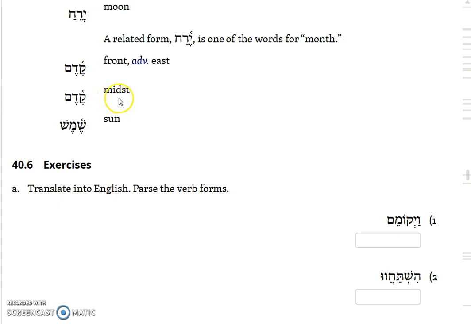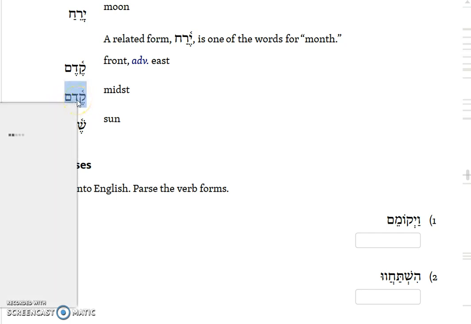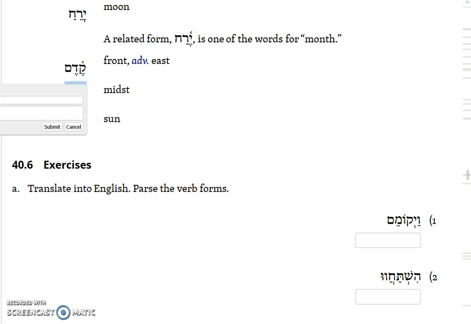The next form, which he gives you the gloss midst, is in error. I'm making a correction here, reporting a typo. It should be kareb rather than kedem. Kedem is simply a repeating of the same form here.